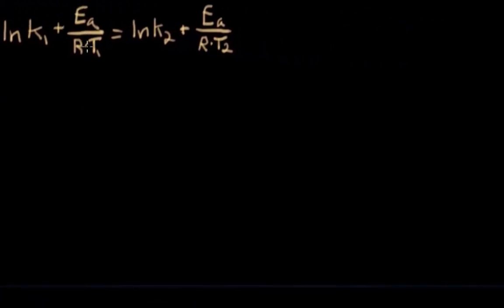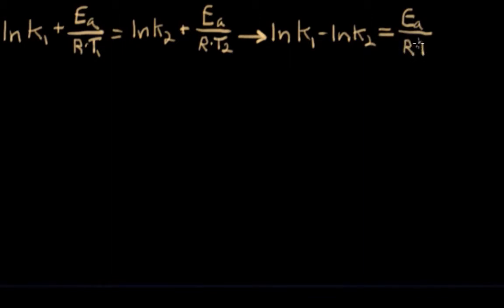Now what I'm going to do is bring everything with a K over to the right side and everything with an E sub A over to the left side. And this is what I mean by that. We get the natural log of K1 minus the natural log of K2 is equal to E sub A divided by R times T2 minus E sub A divided by R times T1.